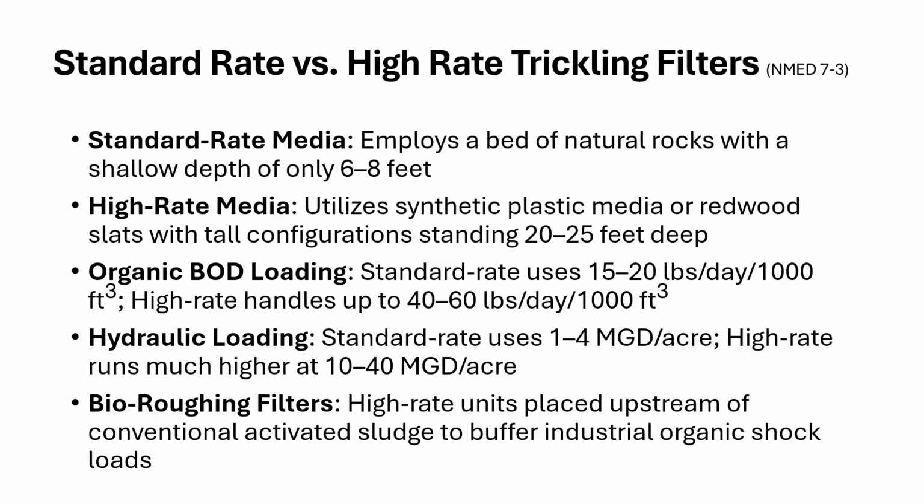Like if we had a problem with a large amount of BOD coming into our wastewater plant, we would consider putting a high rate bioroughing trickling filter upstream of our secondary clarifier. The reason we would do that is we want to remove any high levels of organic loading that could overwhelm the secondary clarifier.